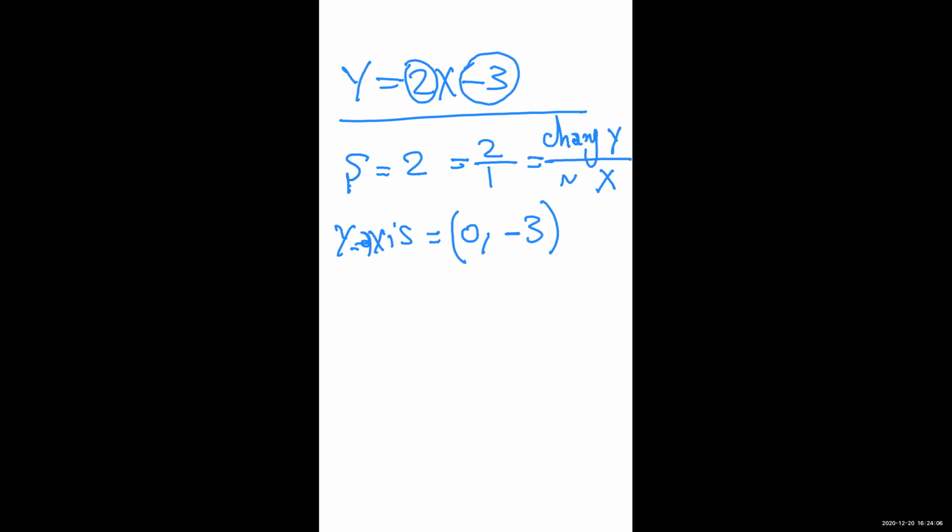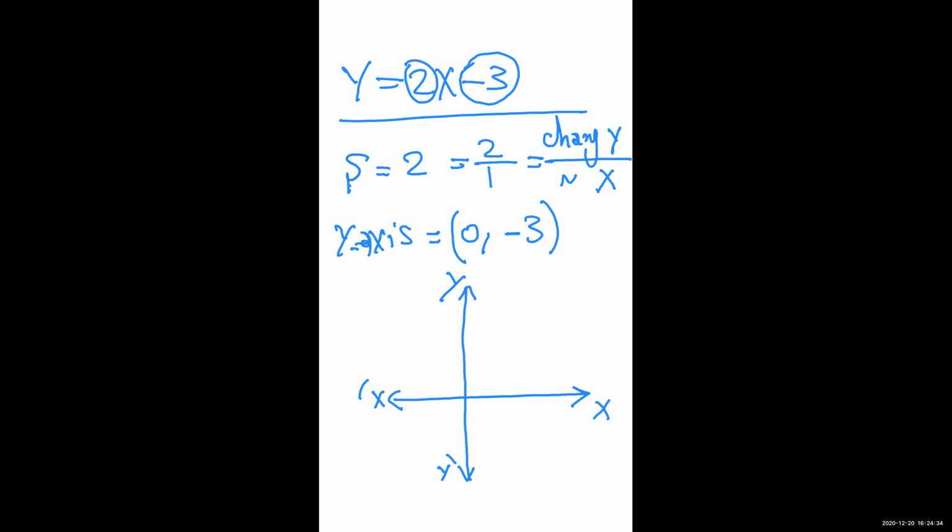Okay, so how to represent this one, guys, now using the slope and the y-axis intersection. So simply, guys, I'm going to draw the xy plane. This one is x and this one is y, and this one is x dash, and this one will be y dash.